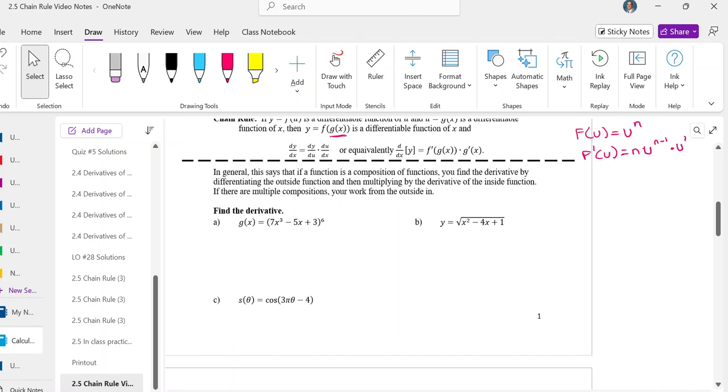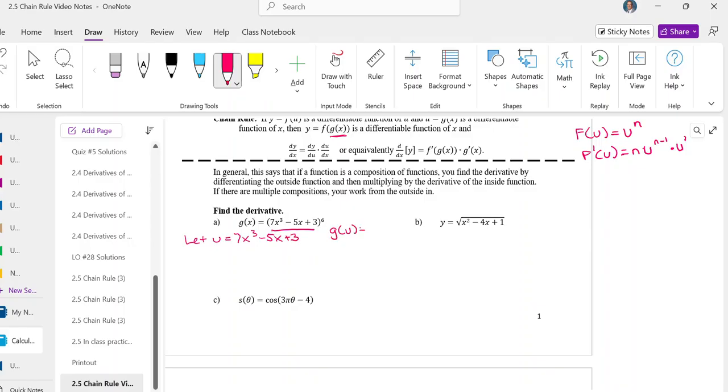For example, here, notice the inner function is 7x^3 minus 5x plus 3. So I'll say let u equal 7x^3 minus 5x plus 3. That means g of u is equal to u to the 6th.